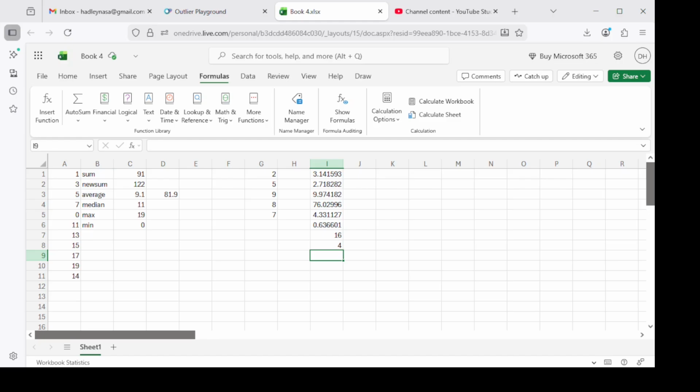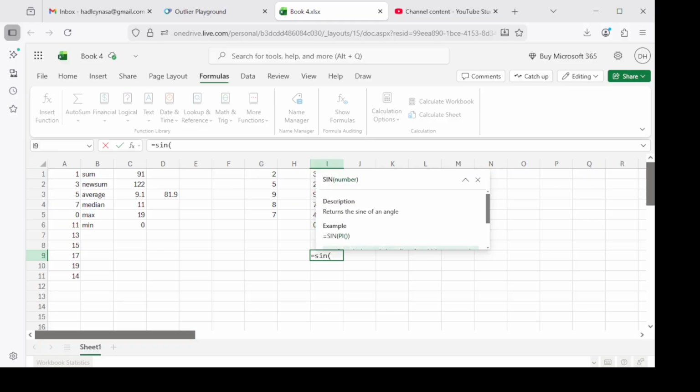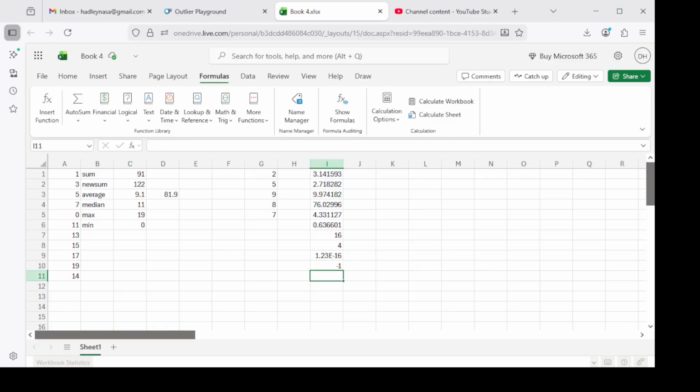Okay. There's also standard trig functions like sine and cosine. So sine of pi, I should get 0, sorry. But cosine of that, I should get -1, or darn near it. Obviously there's tangent, but I might also want the arc sine.